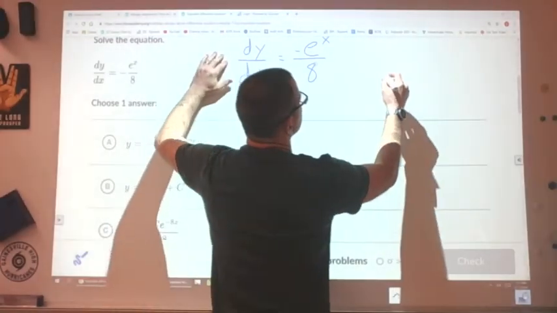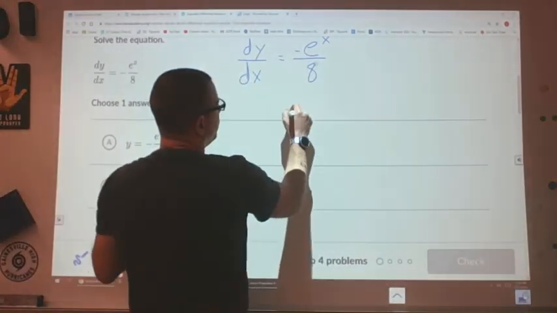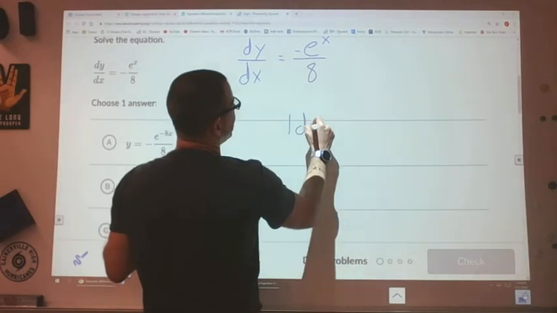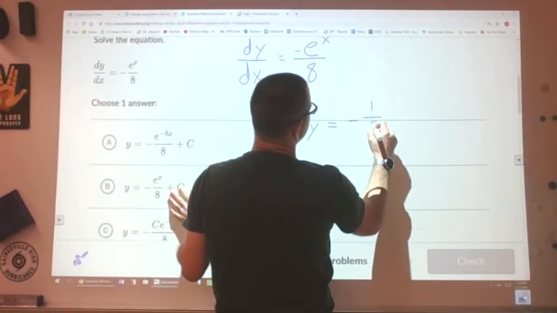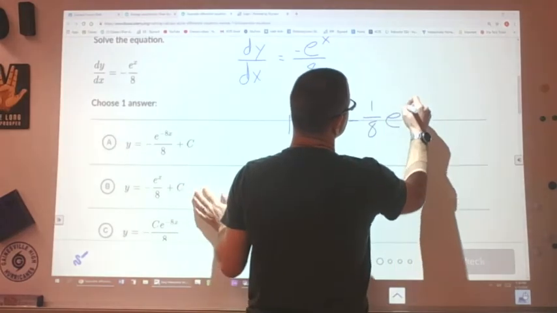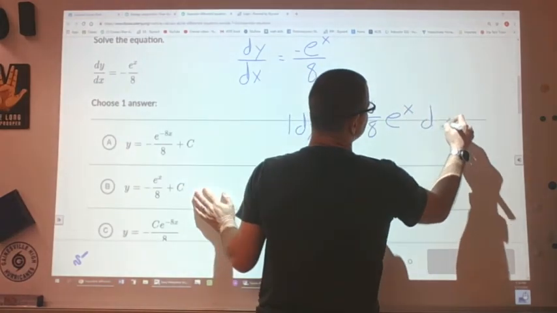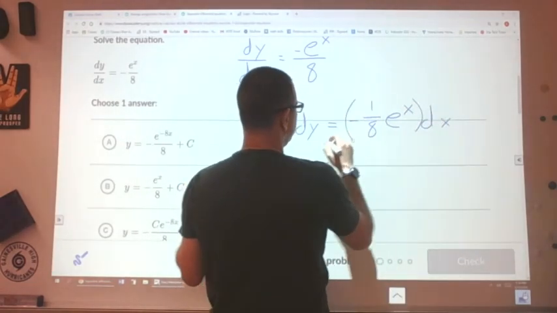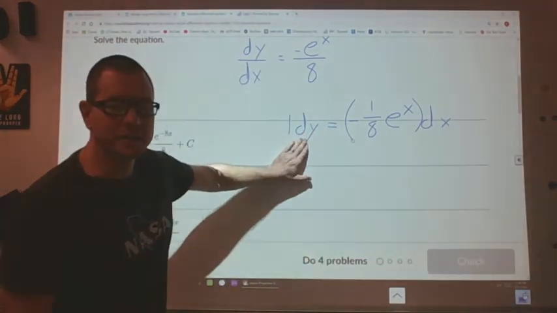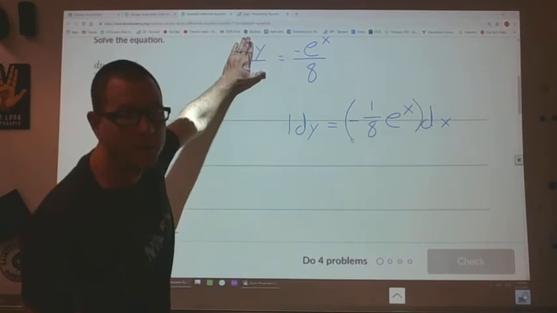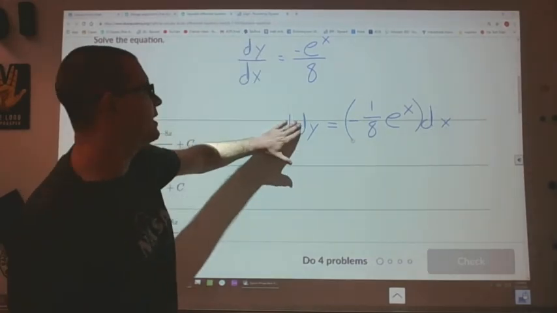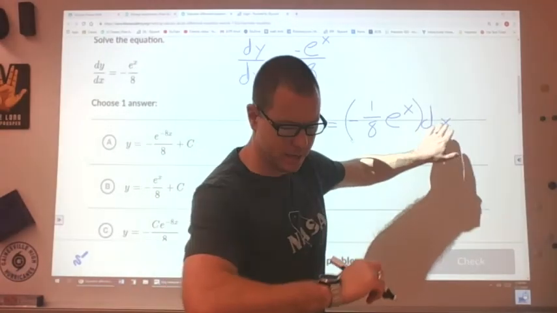So we get 1 dy is equal to negative 1/8 e to the x dx. So I separated the differentials. I had dy over dx, which is y prime, and I just separated it out so I have dy and dx.